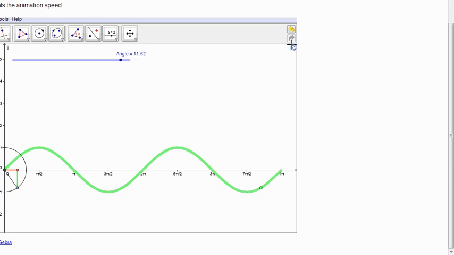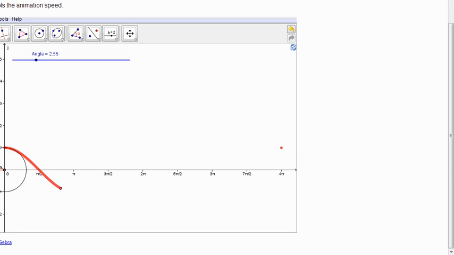Let's refresh this and look at the cosine graph. Cosine, remember, is just the x. The x value here is 1, so cosine is going to start up at 1. We'll animate this. It starts at 1, and then it gets smaller and smaller, and then it goes negative, gets really big negative, and stops at -1.